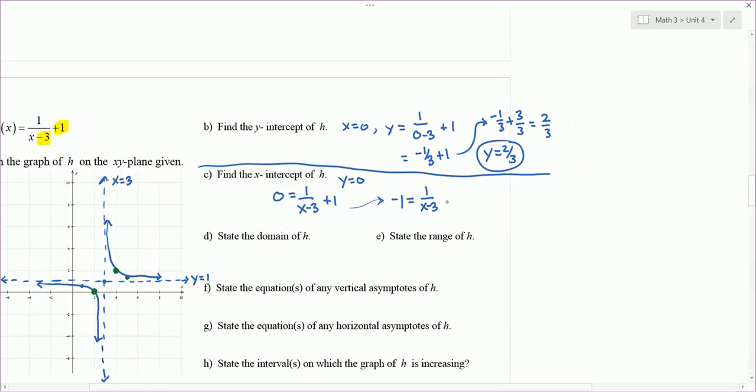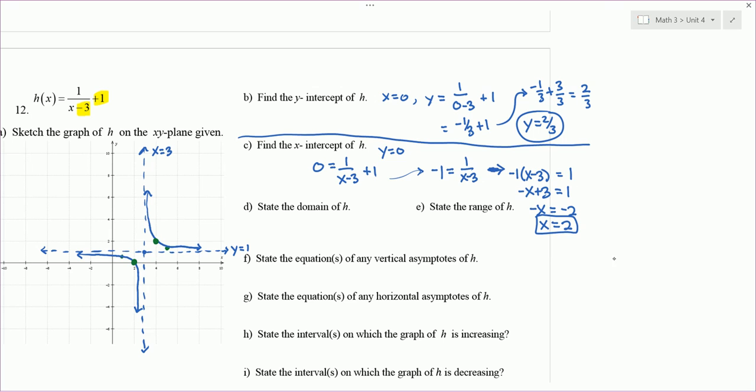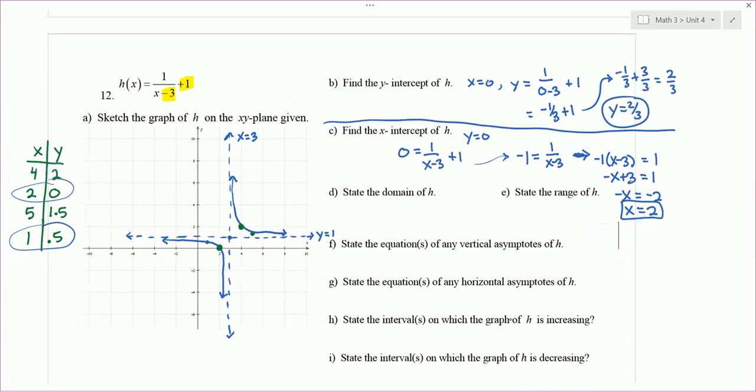Next, I want to get rid of my fraction, so I'm going to multiply both sides by x minus 3. And I get -1 times (x minus 3) equals 1. Sorry, that's not an equal sign, that's the next step. I'm going to distribute and get -x plus 3 equals 1. Subtract 3. And then x equals 2. And does that look like what we have in our graph? Yes, it does. We're going through 2. Found our x-intercept.